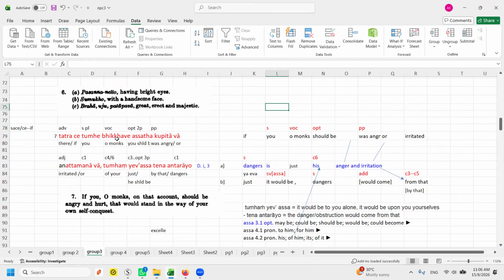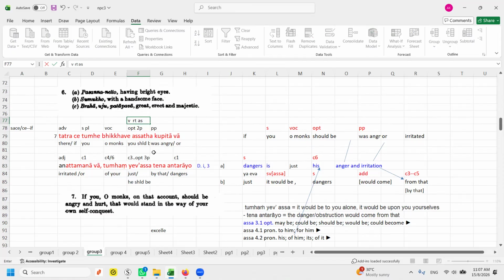Now, can you see this one? This is the verb, asatha. In this case, this is objective. You should be. Because the root here is as. You should be. So okay, this is vocative.